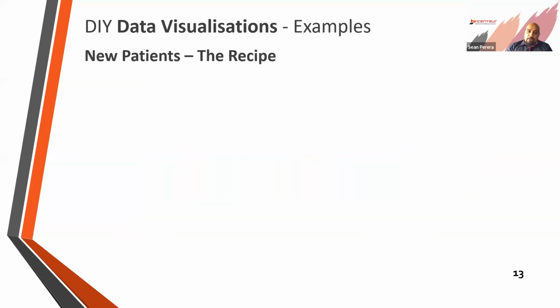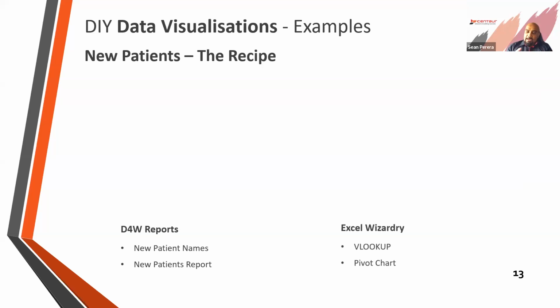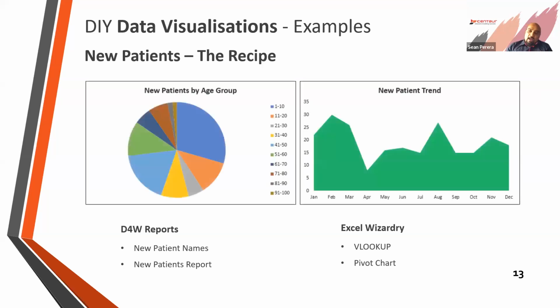And now we're going to new patient analysis. For this, we're only going to use 2 reports: new patient names and new patients report. And in Excel, we are keeping with the theme, VLOOKUPs and pivot charts, and we can end up with something like this.